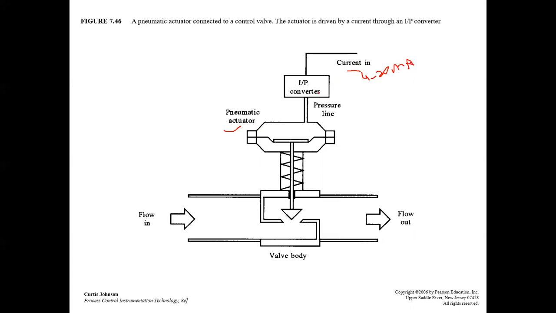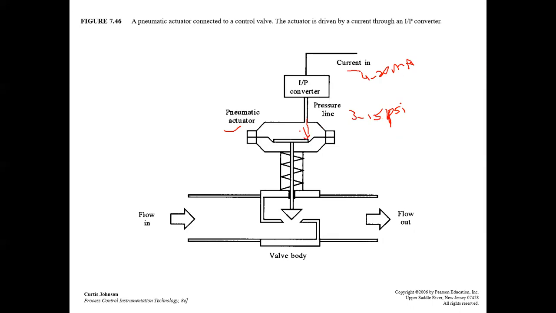And for this current, we have this I to P converter, which converts the current to pressure from 3 to 15 psi. And the pressure is applied here.